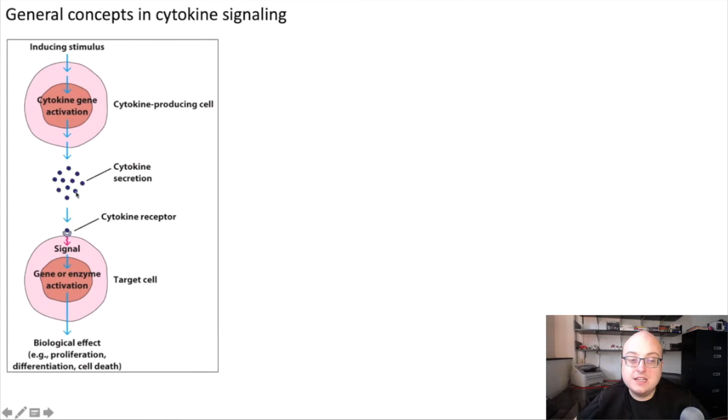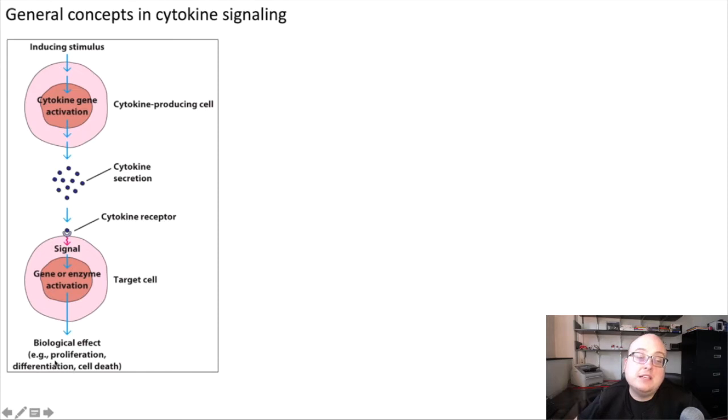And these secreted cytokines then are going to bind to their cognate receptors on the surface of downstream cells. And activation of these cytokine receptors is in turn going to induce either new gene expression or activation of enzymes, for example. And the things that are activated in the second cell are usually the proteins that are going to perform the biological effect or the effector function of that cytokine.